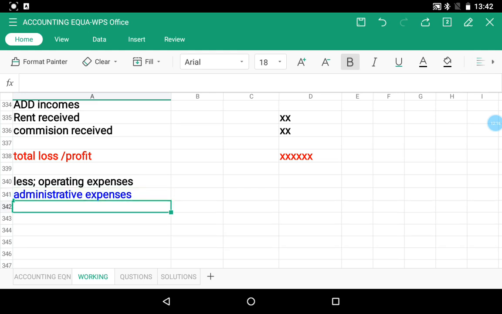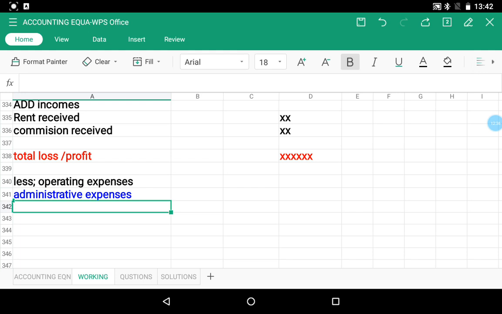When you talk about administrative expenses, these are expenses that are incurred within a business, not outside, not in the field. You handle them while in your office, on your business premises.